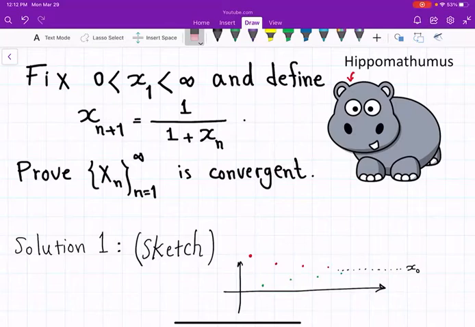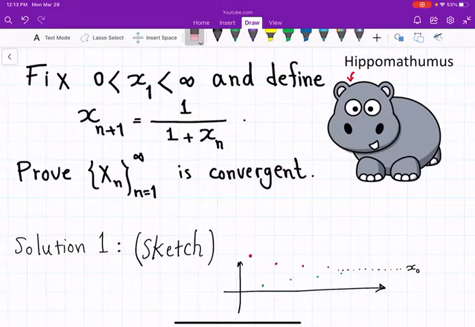Now, I'm going to present two solutions, but the first one will be only a sketch because I believe that the second solution is quite elegant. For the first one, I claim that, let's say x1 is bigger than 1, or bigger than some threshold.